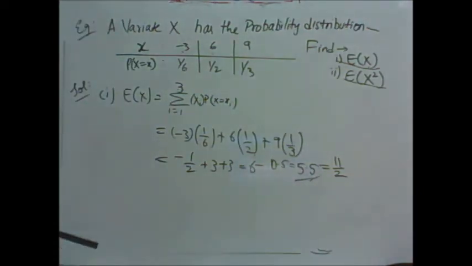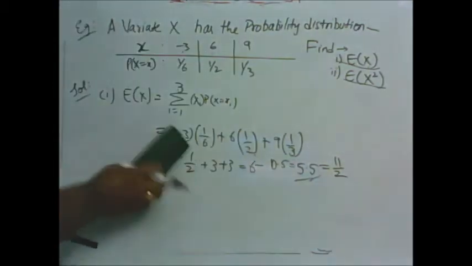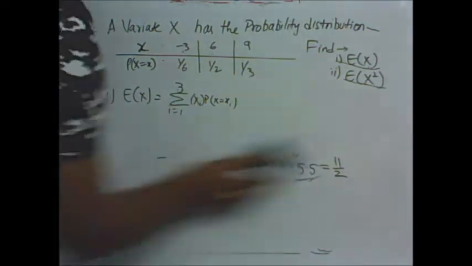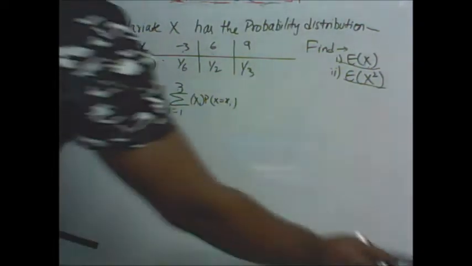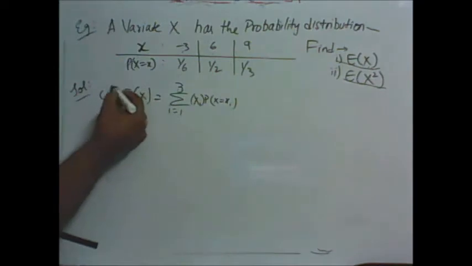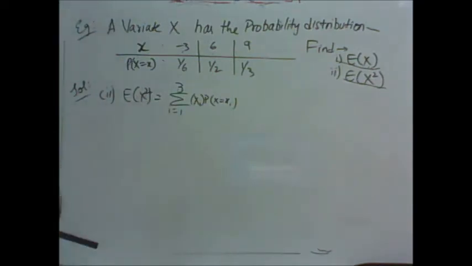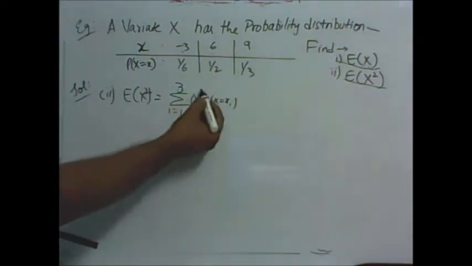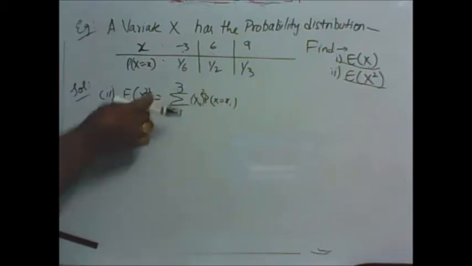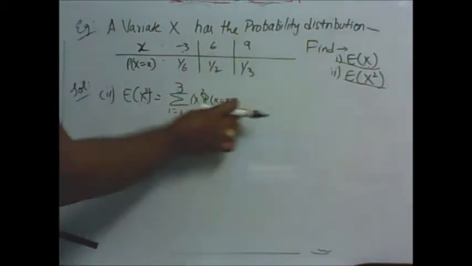Okay. Now coming to the second one, he has asked us E of x square. When it is E of x square, we know that we have to take x square into the probability.